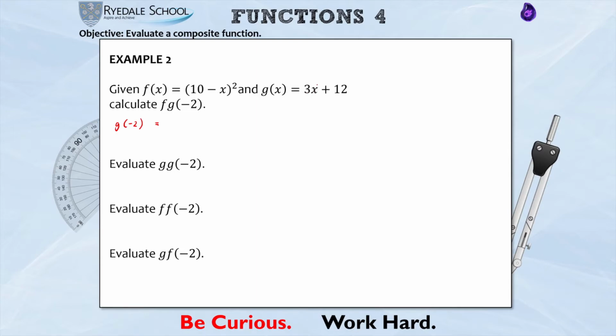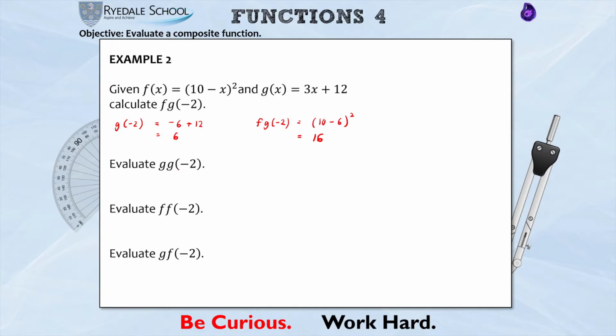That would be a negative 6. I'll do a bit of working out. Plus 12. And negative 6 plus 12 is positive 6. If I then substitute that into f to get my f of g of negative 2, I'm doing 10 take away 6 squared. Well, 10 take away 6 is 4, and 4 squared is 16.